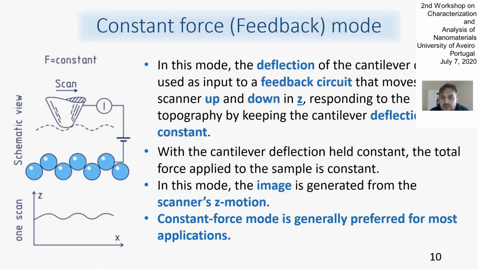That is why it's better to keep the same distance between the tip and sample, and also keep the same force. To organize this operation, we usually use the so-called feedback system.